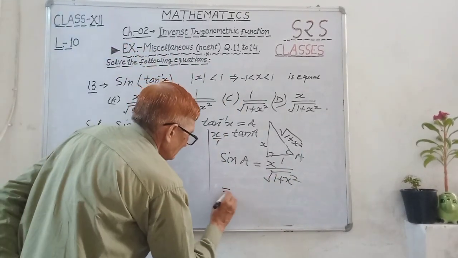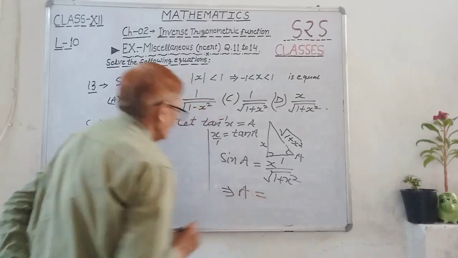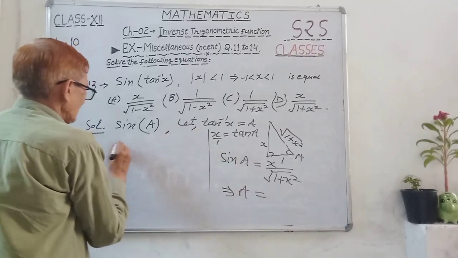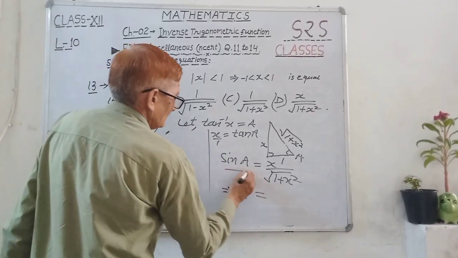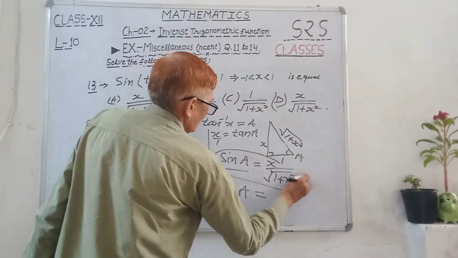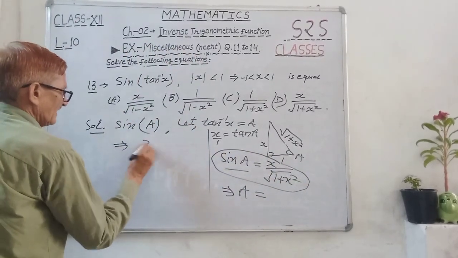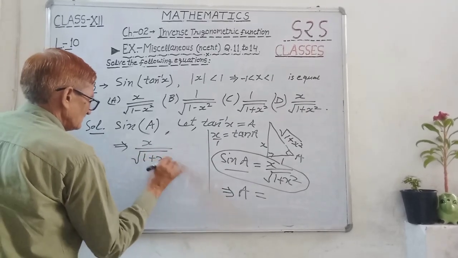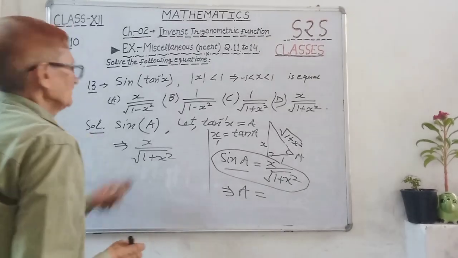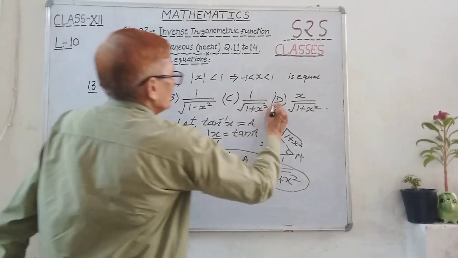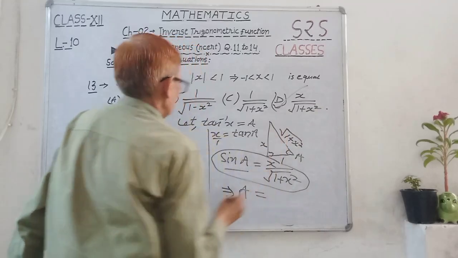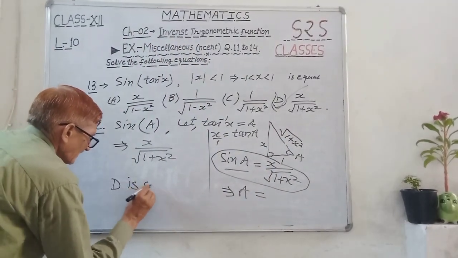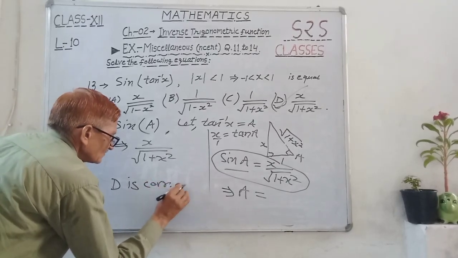So the value of sin A is x upon root 1 plus x square. So which option? Option D, x upon root 1 plus x square, is the correct option.